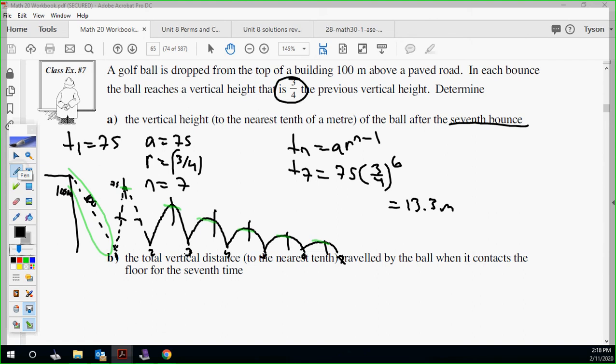So we are going to do 100 plus double series 6.